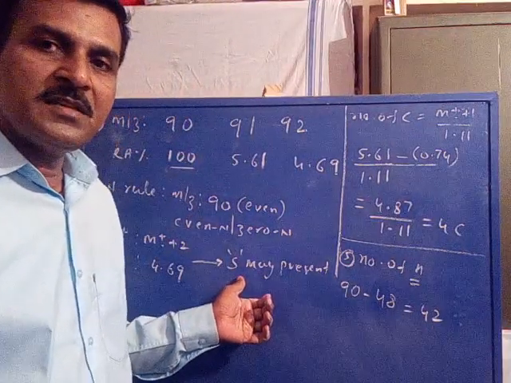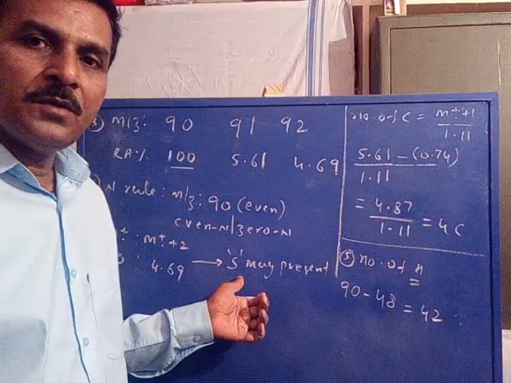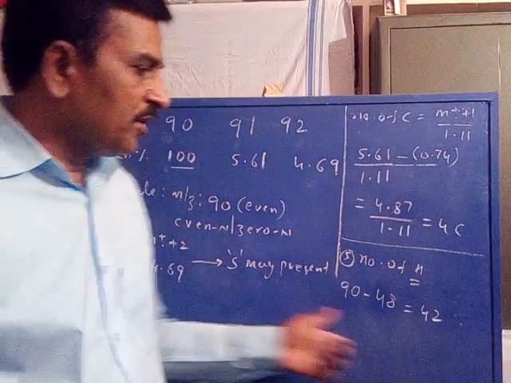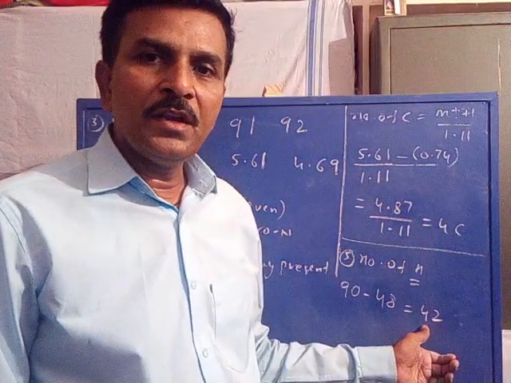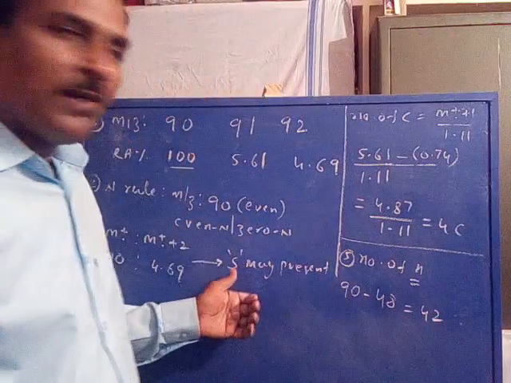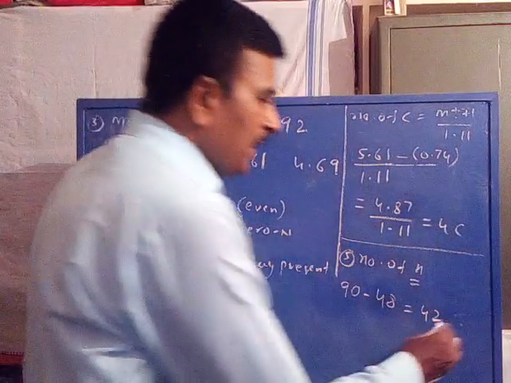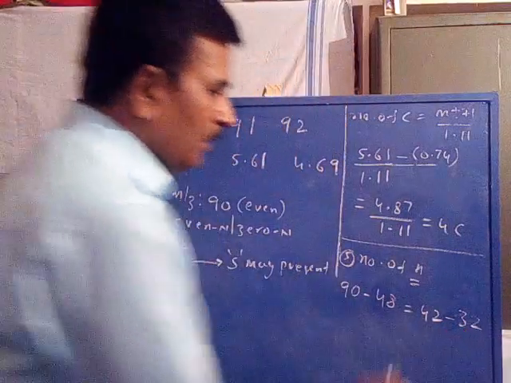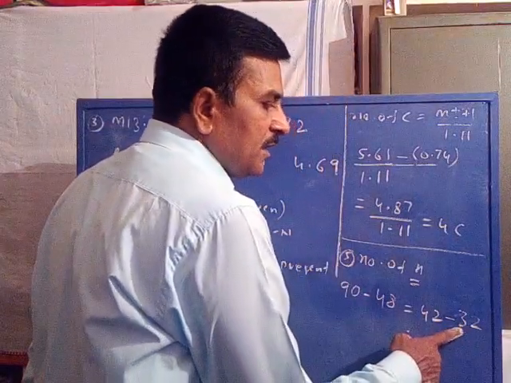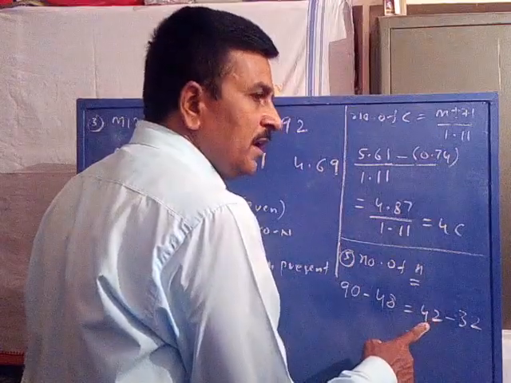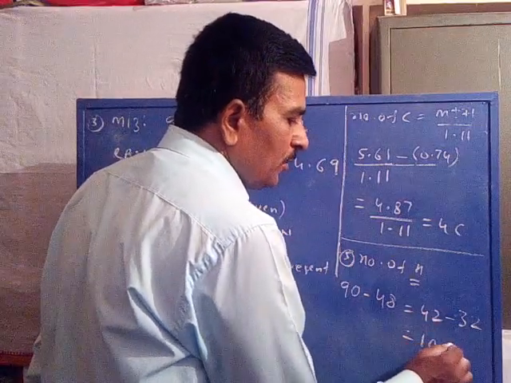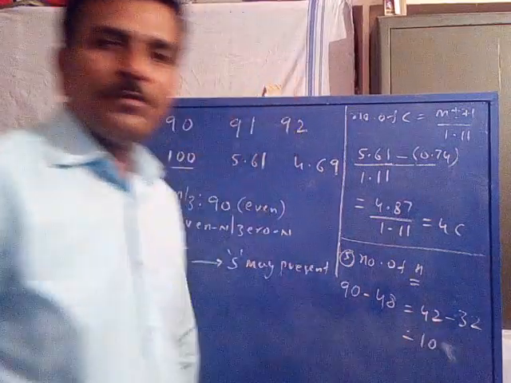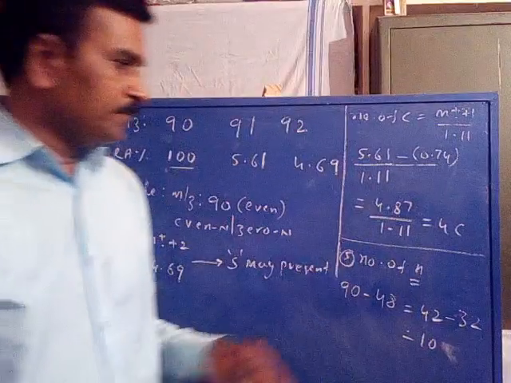Deleting the sulfur mass of 32 from the leftover mass, we get only 10. The leftover mass is 10. Are you clear?